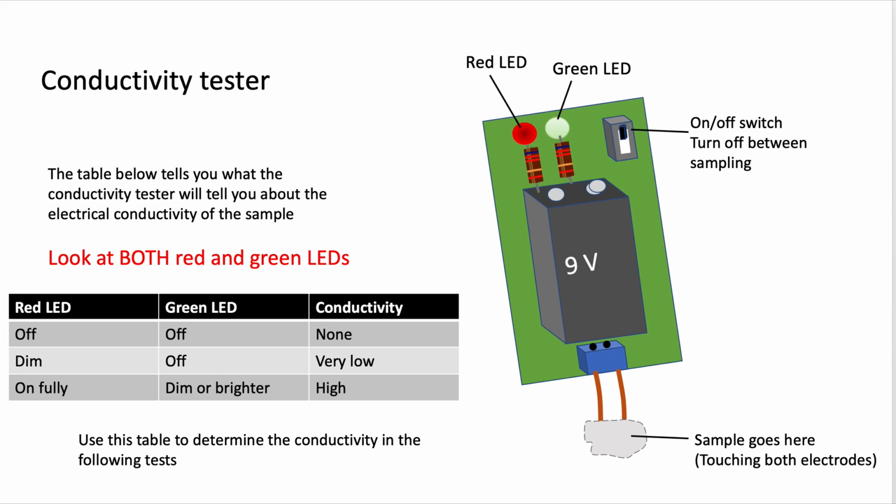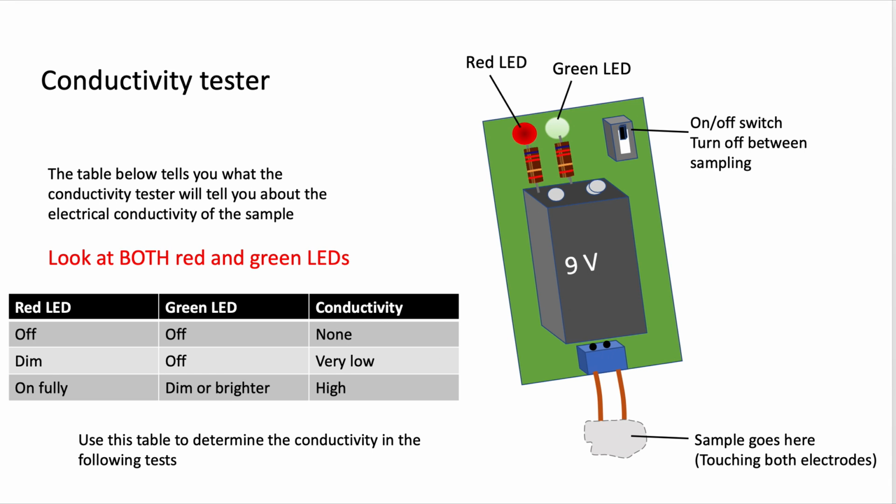If the red is dim, you have very low conductivity, but worth recording. If the red's fully on and the green is from dim to brighter, you've got high conductivity. So again, you might need to keep coming back to this one to review that.